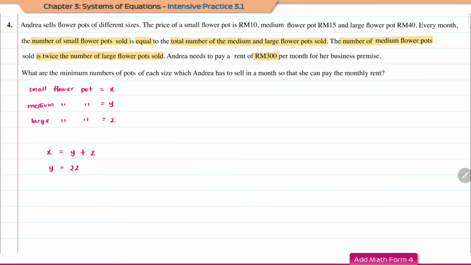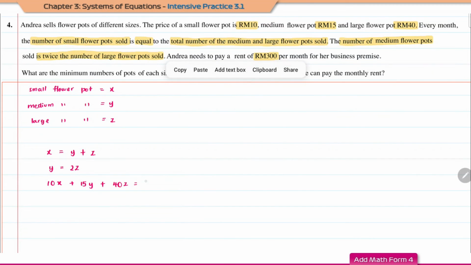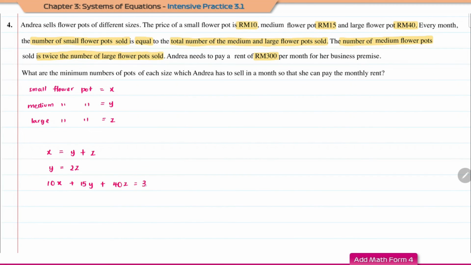So we know that the small flower pot is RM10, the medium one is 15, and the large one is RM40. So therefore, 10 times x plus 15 times y plus 40 times z must be equal or more than 300, right? So here for the minimum, we're just going to use 300. So next, I'm going to label this as equations 1, 2, and 3.